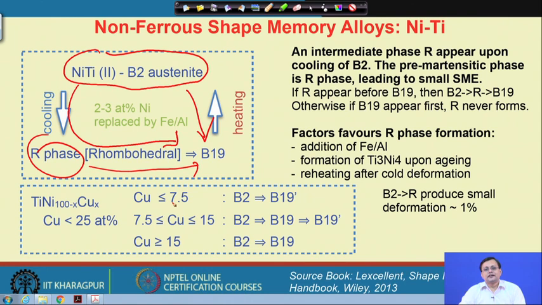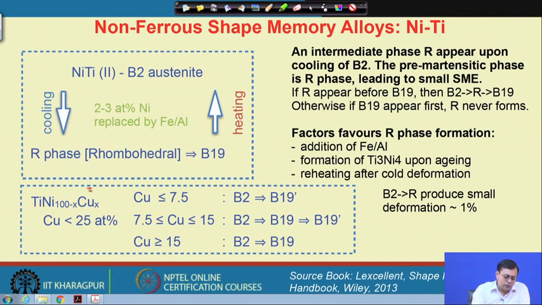However, such transformations are all linked with the nickel titanium system with only a little addition of iron or aluminum. However, people have tried copper to replace this nickel. So, here you see I write, if this is the total 100%, we add copper purposely in order to replace nickel.